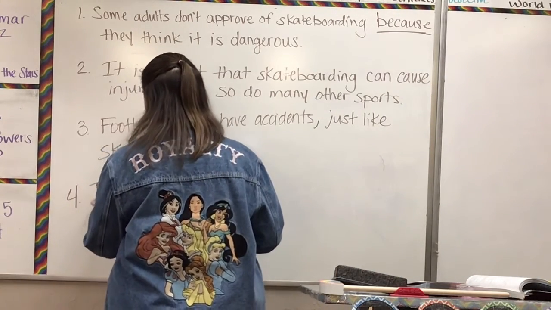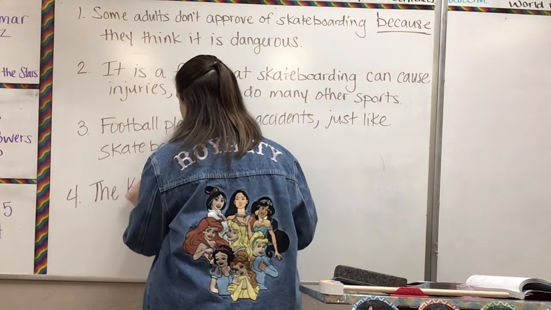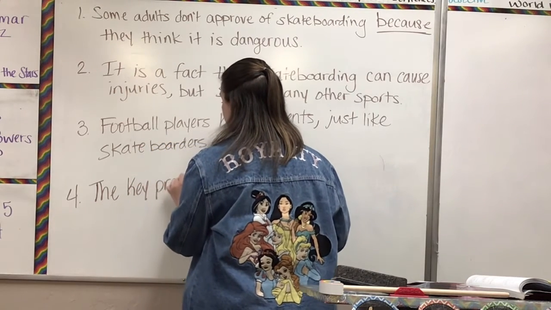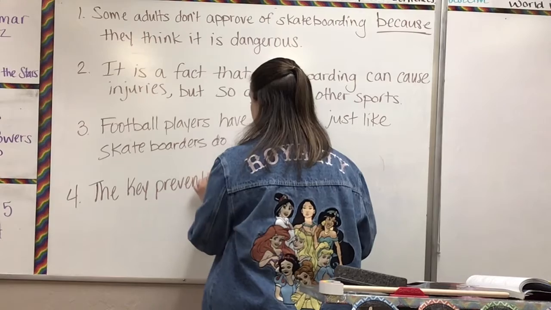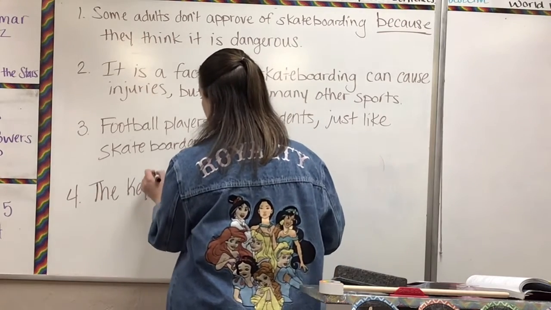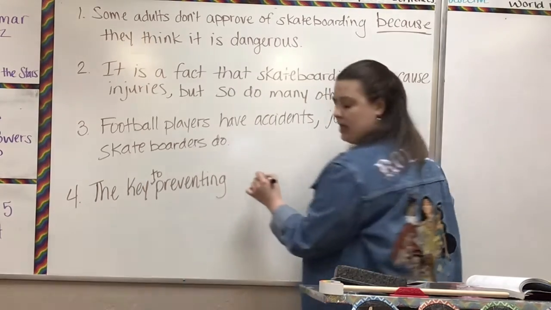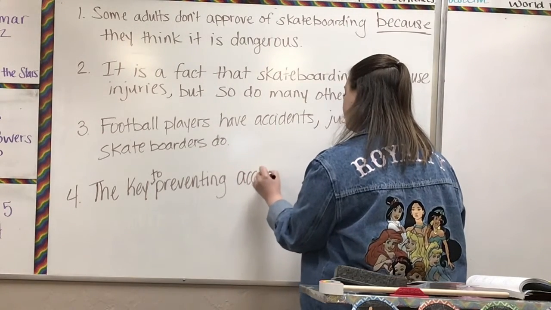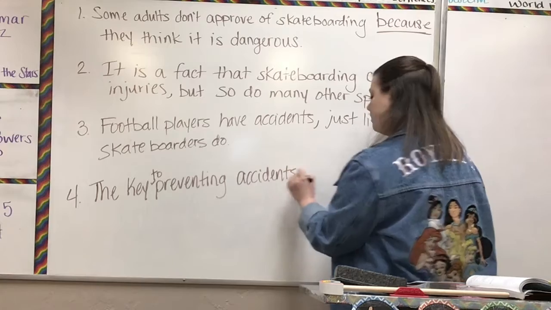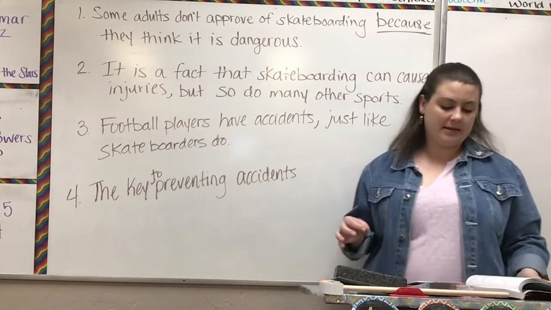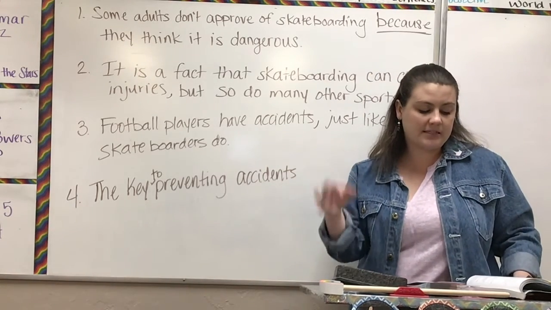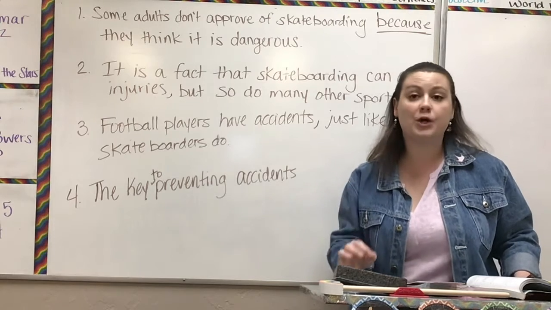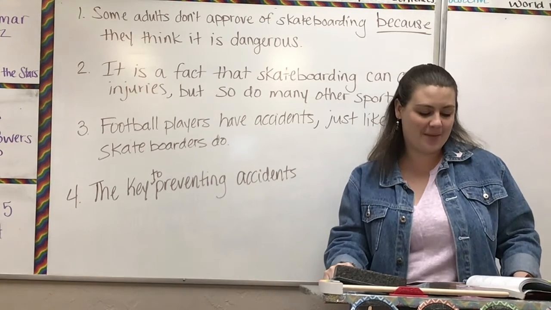And there could be more than one way of fixing these sentences, but I'm just going to go with what I've got here in the book. The key, I forgot a word, to preventing accidents, is that right? The key to preventing accidents, this is what the original now says, is the wearing of the proper and correct equipment. How could we simplify that, make it less wordy?